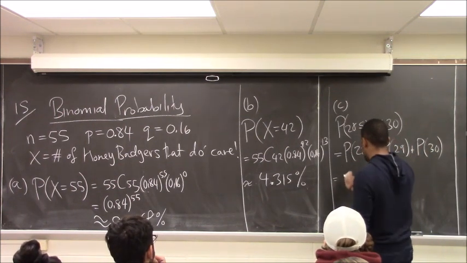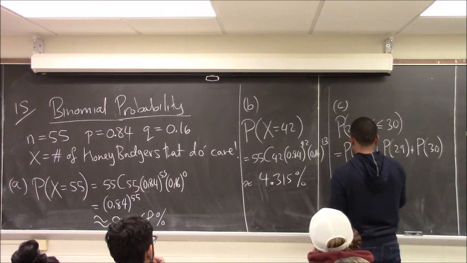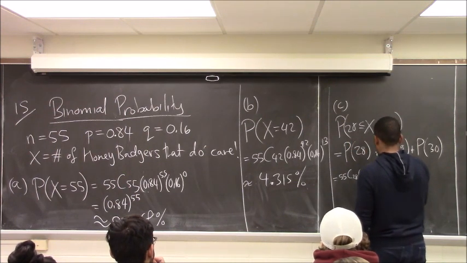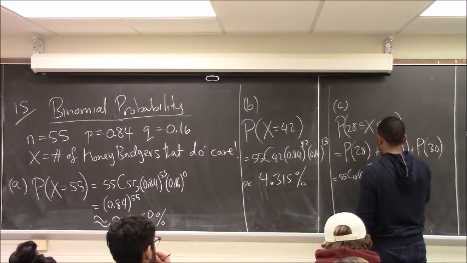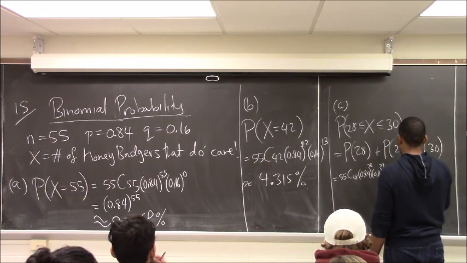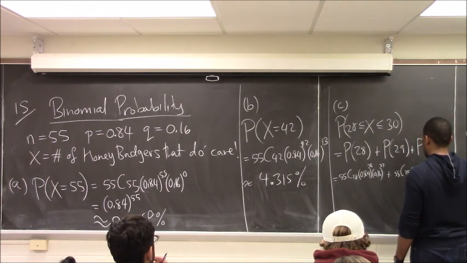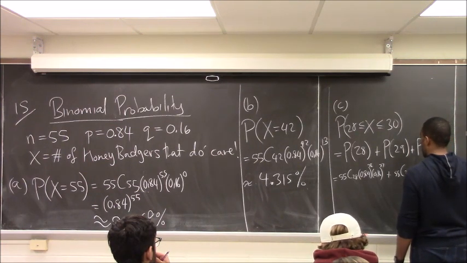And that would be 55 choose 28, 0.84 to the 28, 0.16 to the 27, plus 55 choose 29, 0.84 to the 29, 0.16 to the 26.